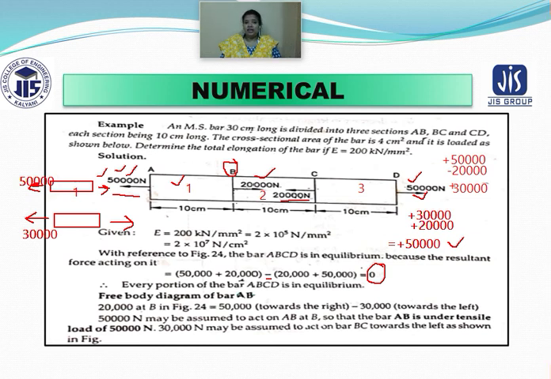P into L by A into E. So for the entire section, L by A you have to take common, and in bracket you write P by E. P is the same, E is also the same for everyone. So you take L by AE common, and in bracket you write P plus P plus P, calculate it, and you get the original result.